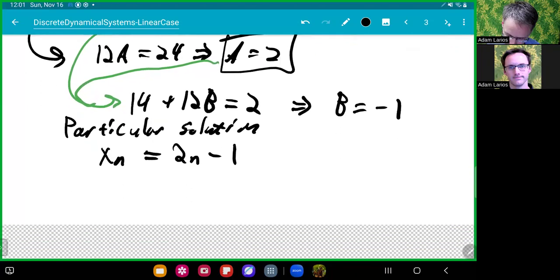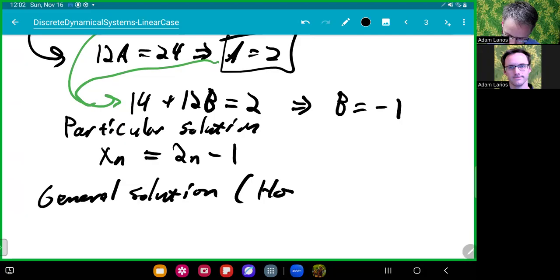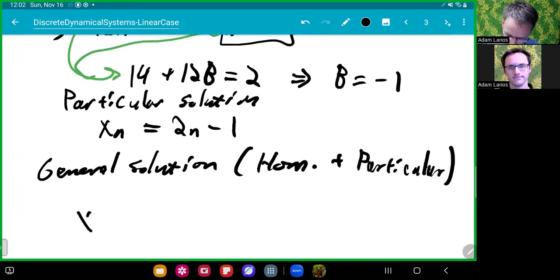Great. So our general solution will be the homogeneous part plus the particular part. I'm just going to reuse the label x_n here. Maybe I could call this x_n particular, I'll call it part.